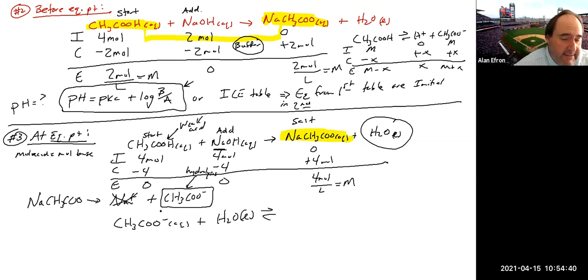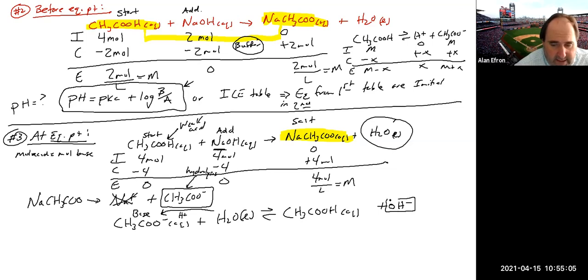And because it comes from a weak acid, it's going to act as a base, which means it's going to accept the H+. When it does, it will produce acetic acid, where it came from, and it will produce hydroxide. Now, at this point, we know several things.